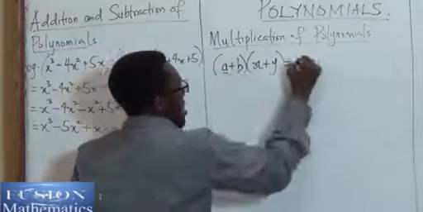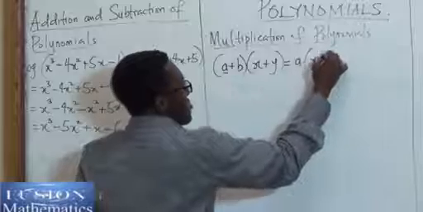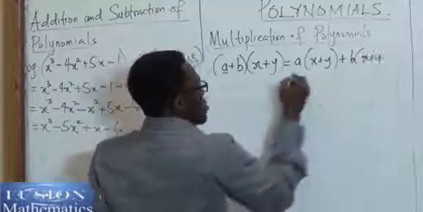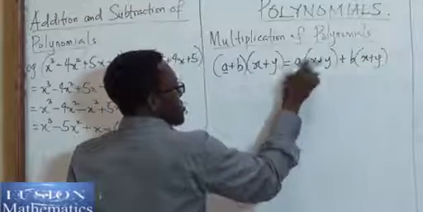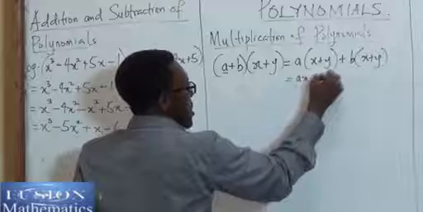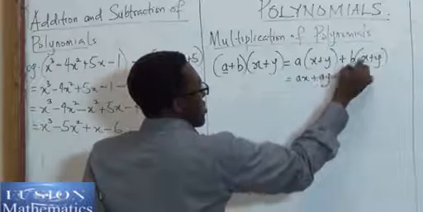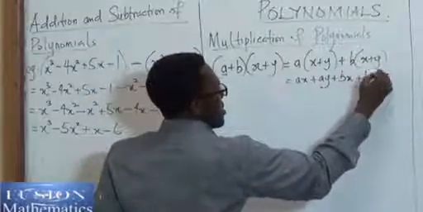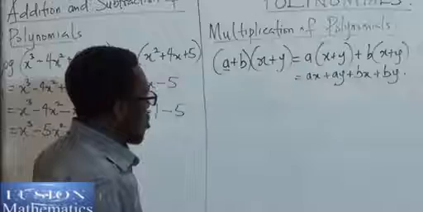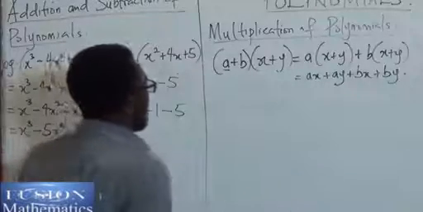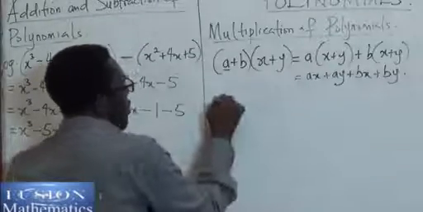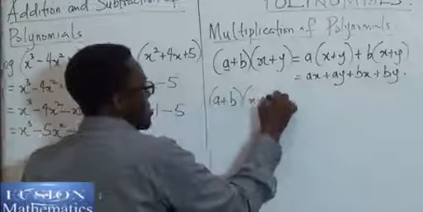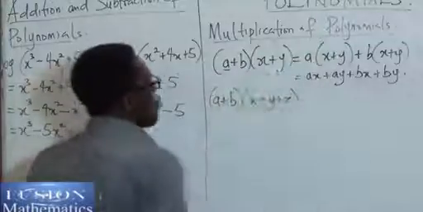This will be a bracket x plus y, plus b bracket x plus y. So this will give us ax, a times y will be ay, then b times x will be bx, b times y will be by. If we have something like a plus b and the other expression has 3 elements, the same thing we did here is what we do.